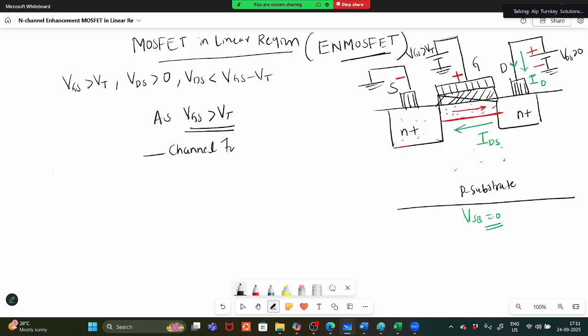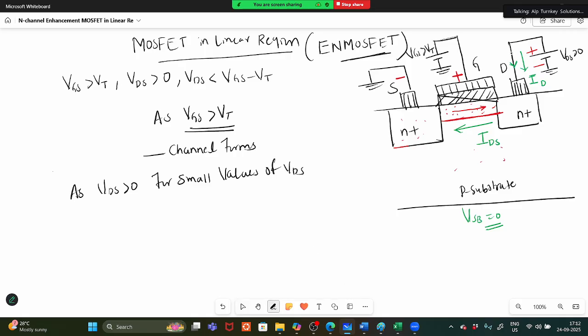Channel forms. Okay, this is the condition, channel forms. And as VDS is greater than 0, for small values of VDS, not larger values, what happens?